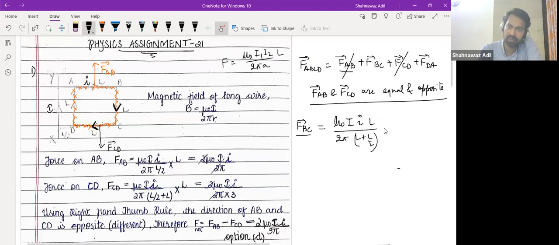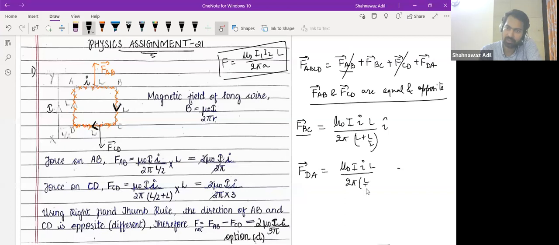So we have I here. Now, what is FDA? We are going from D to A. So we know what is the magnetic force. This is mu naught I, length is L, and 2 pi L by 2.